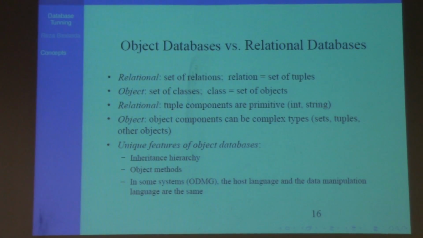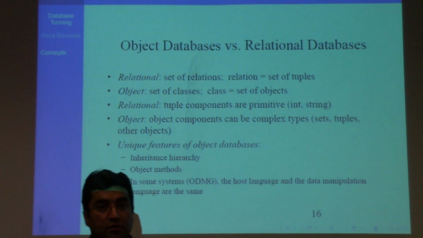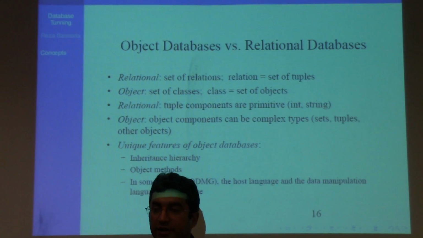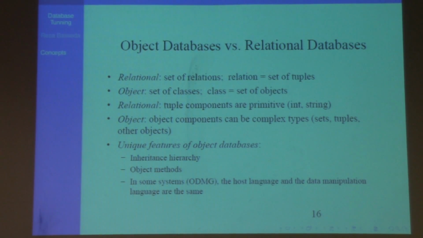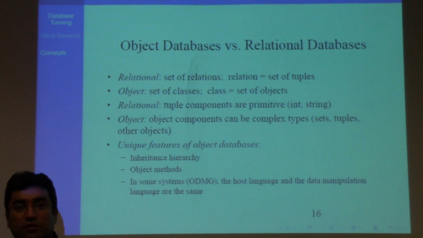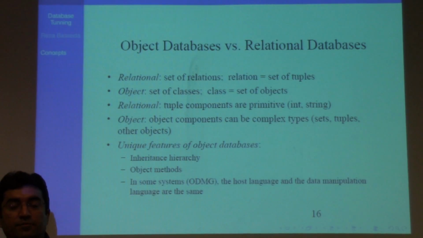In the relational databases, we have sets of relations, okay, sets of tuples. In the object-oriented databases, we have sets of objects. In Java, when you are writing a program, you have a pool of objects, lots of objects. So in the relational databases, the tuples contain only primitive data, right?